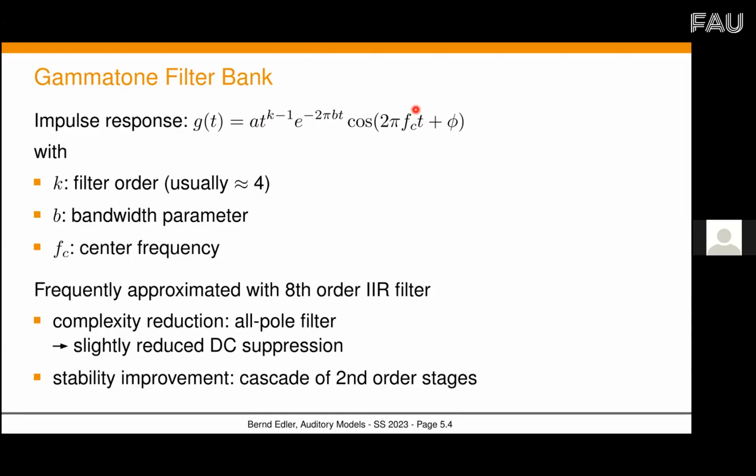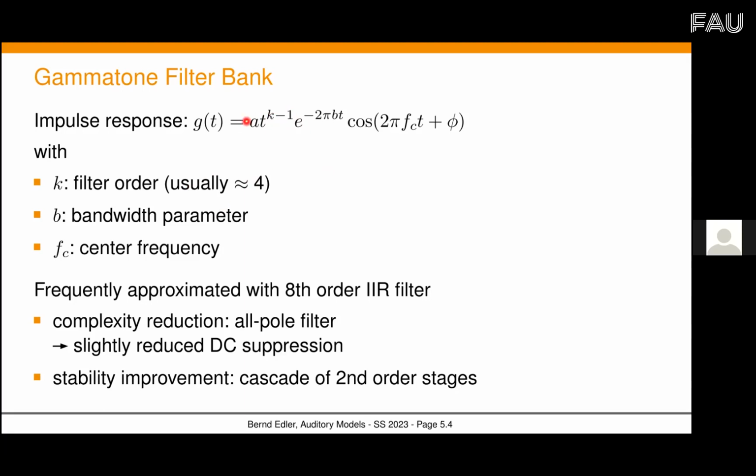And you can select, as we said before, you have to select the center frequency and the bandwidth parameter so that they match the properties which you want. And this would be then corresponding to the Bark scale, ideally. And if we want then to approximate this with time discrete filters, we can't use the same order as this is here, just the exponent here.